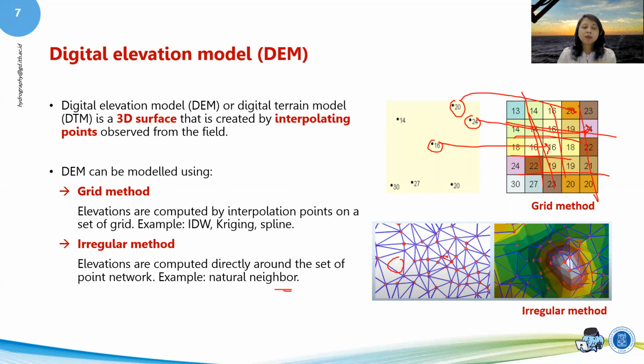Do you understand what I mean? So we're going to talk about each of the methods, like inverse distance weighted, or IDW. We'll talk about that, kriging and spline. Also, we'll talk about natural neighbor in the next segment.